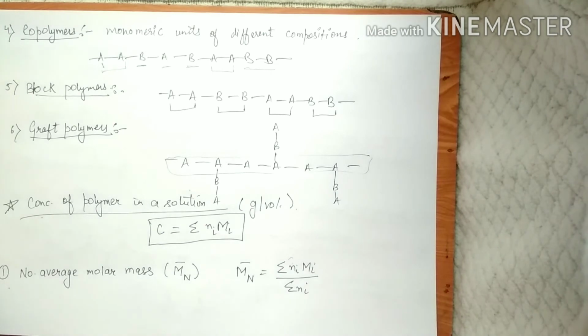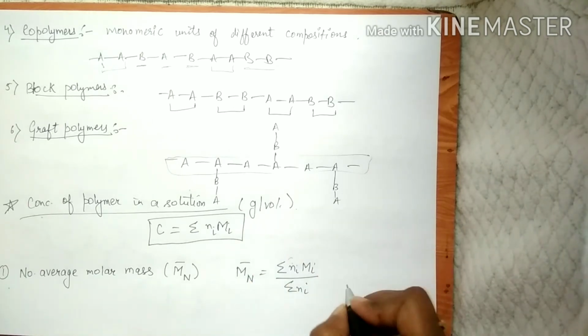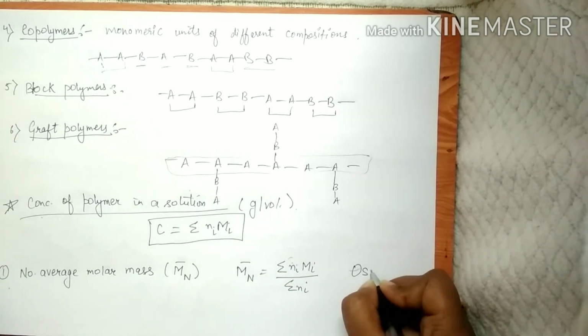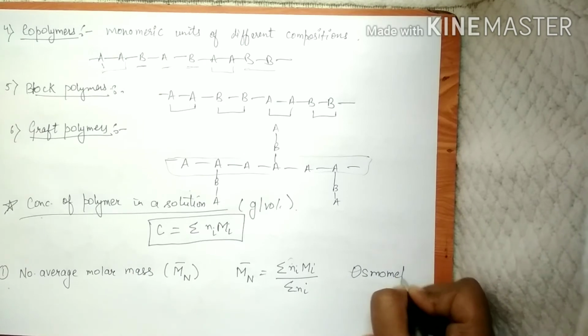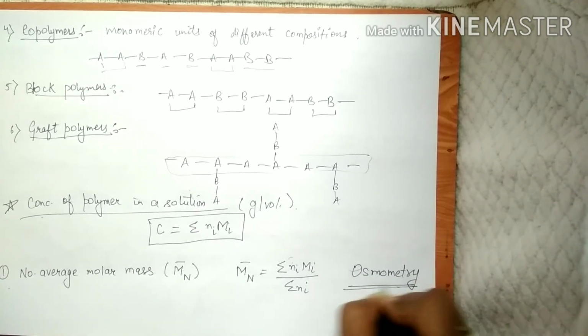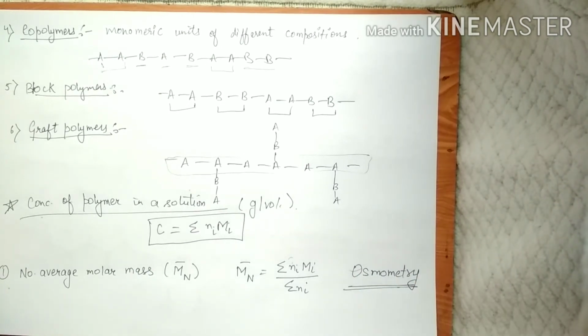And the experimental method which is used to find out the value of Mn is your osmometry. Okay, this is a very important point, that the experimental method which is used to find out the value of Mn is your osmometry. Now the second formula is for weight average molar mass.